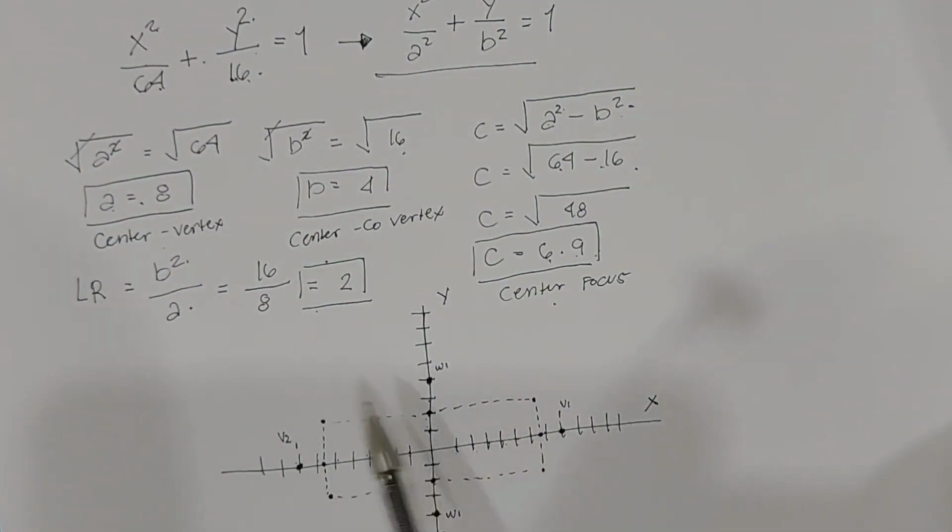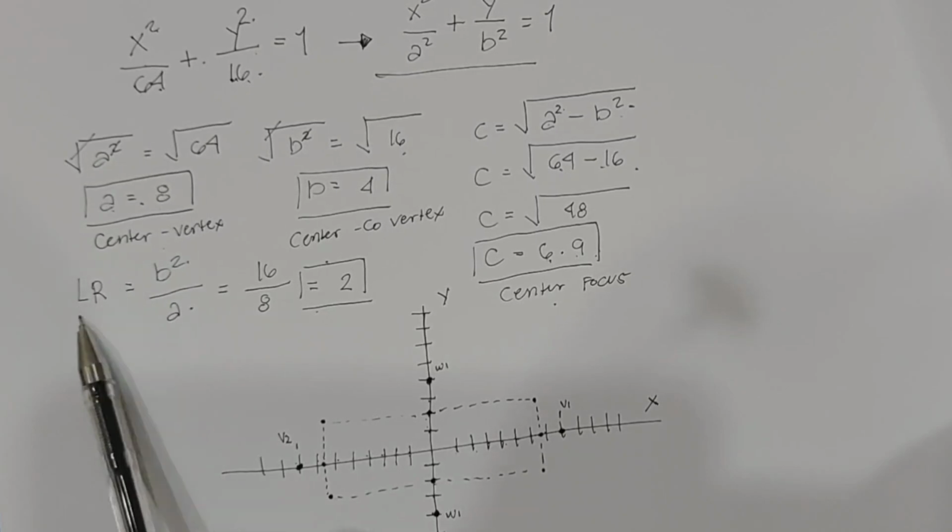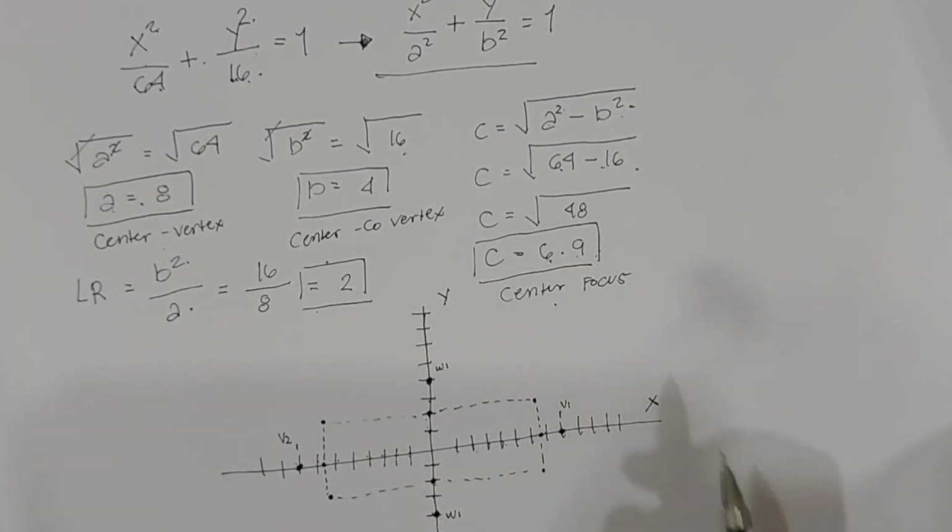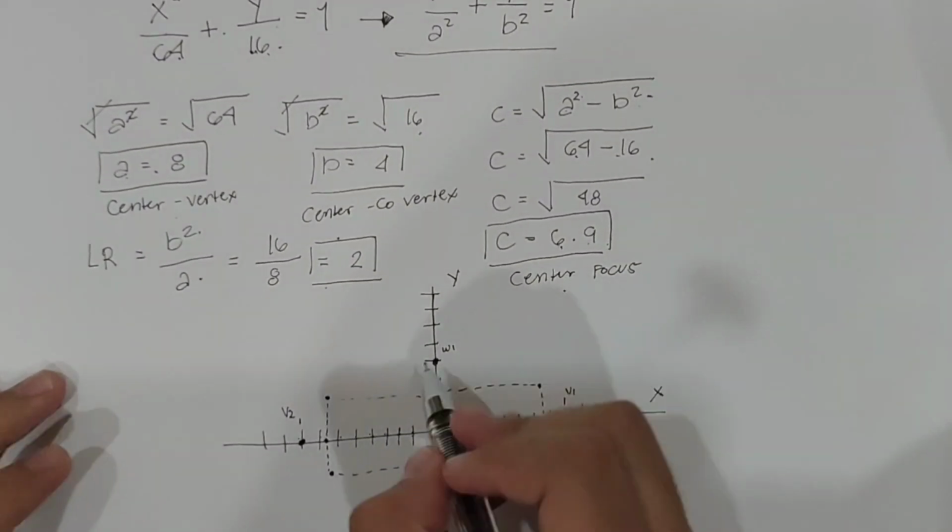And now that we finally formed our latus rectum and our center focus, we're going to form our ellipse. So we'll start from here.